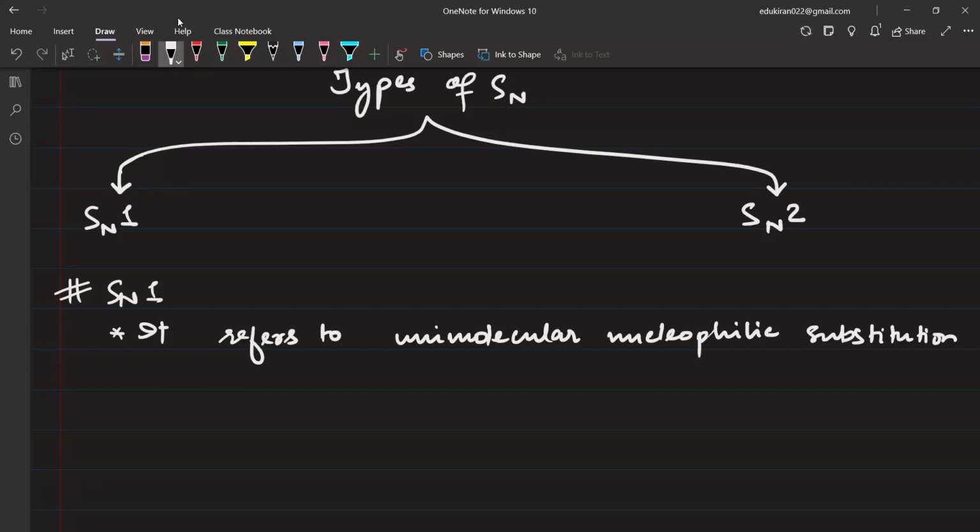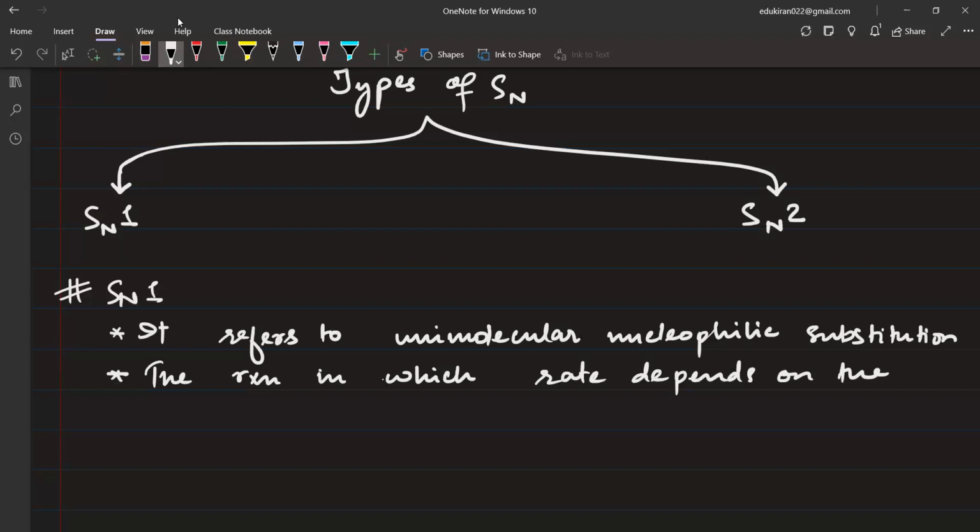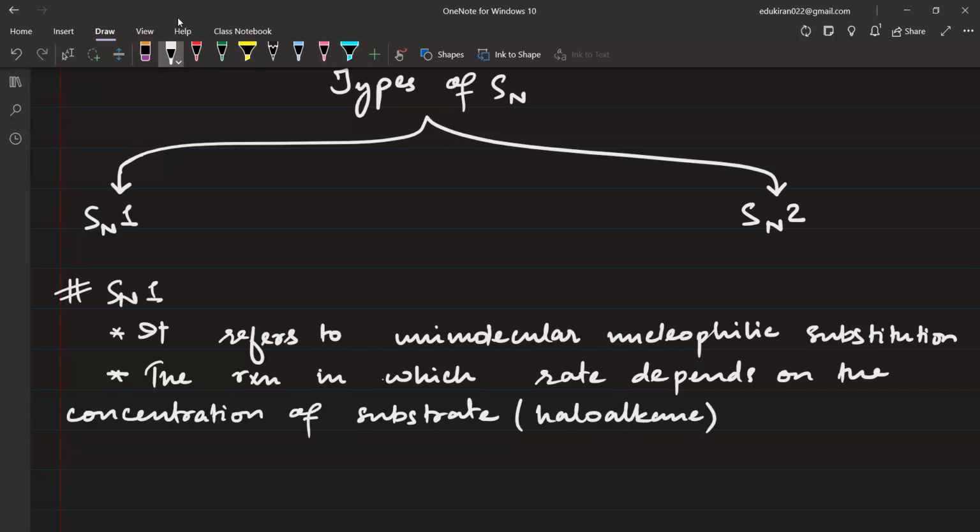Write the next point. What does this mean? It means the reaction in which the rate depends on the concentration of substrate, that is haloalkane in this chapter, concentration of substrate only, is known as SN1.